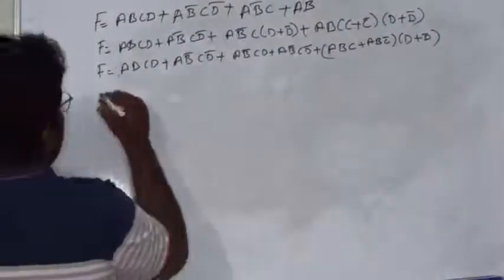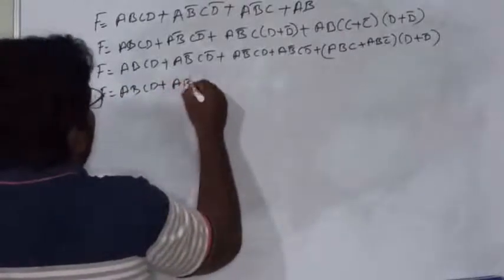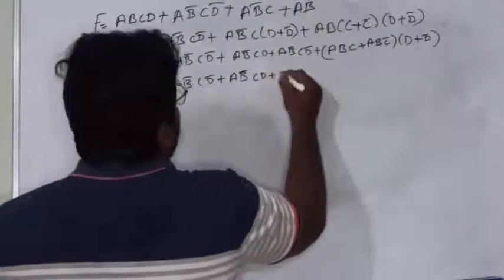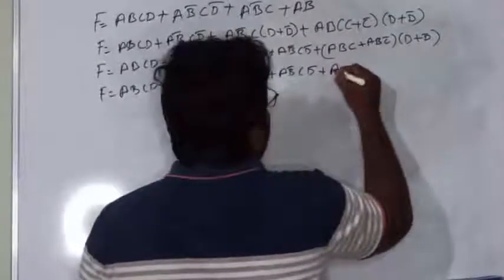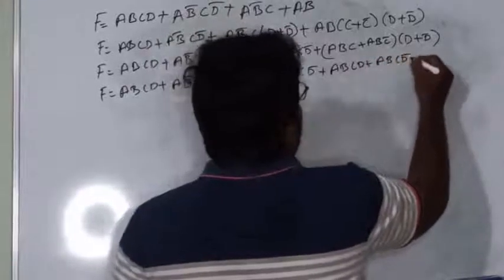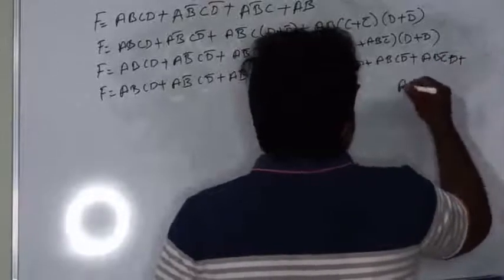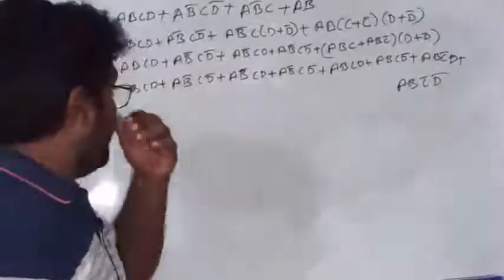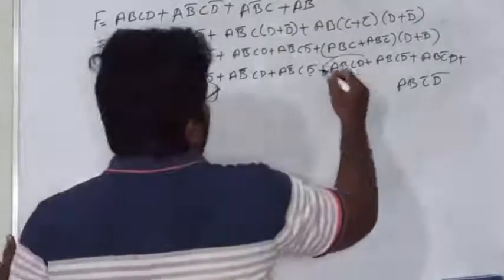So one more time I am repeating: A B C D plus A B complement C D complement plus A B complement C D plus A B complement C D complement plus A B C D plus A B C D complement plus A B C complement D plus A B C complement D complement, right? So if you observe here we are having A B C D twice.